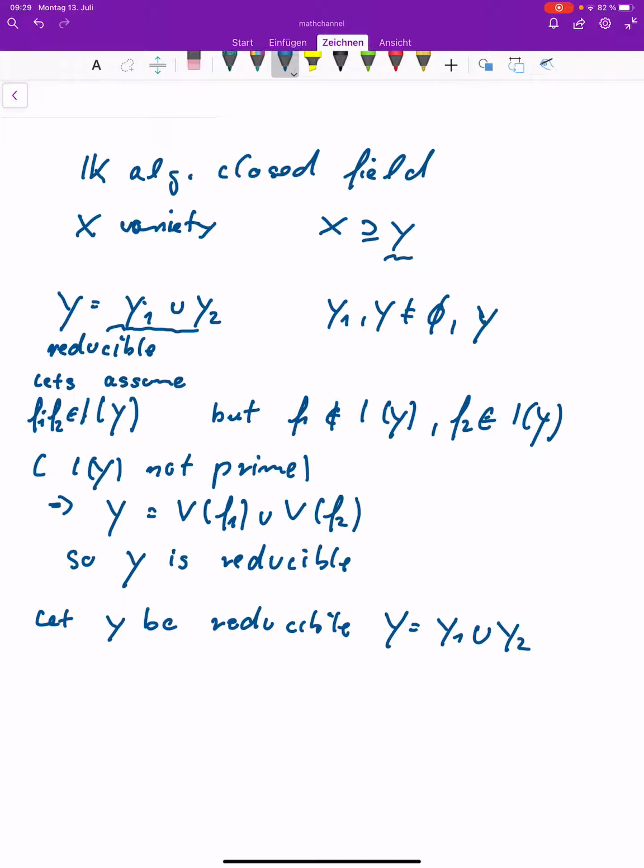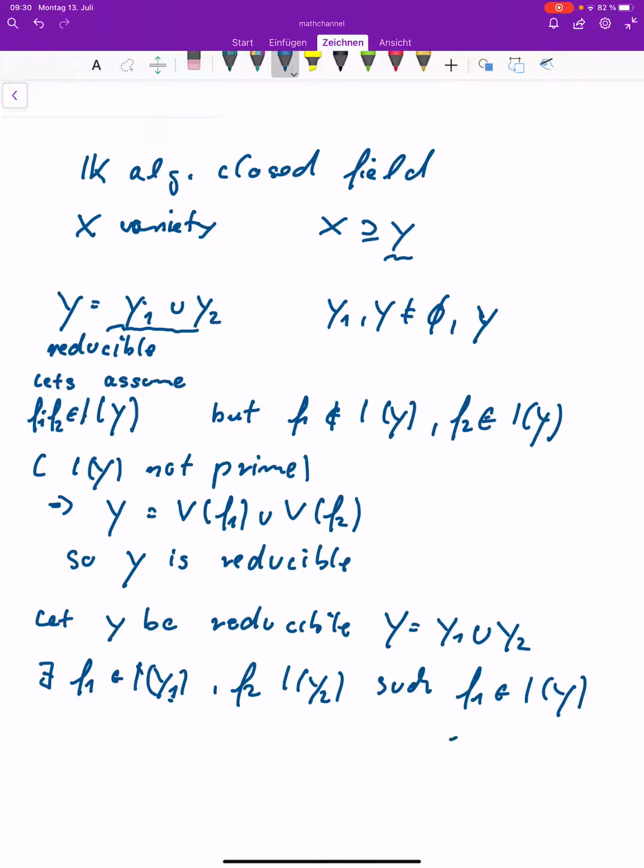Then these subsets Y1 and Y2 being non-empty closed means that there exist f1 in I of Y1 and f2 in I of Y2 such that f1 is not in I of Y, so it does vanish on Y1, but it does not vanish on all of Y. And similarly for f2.